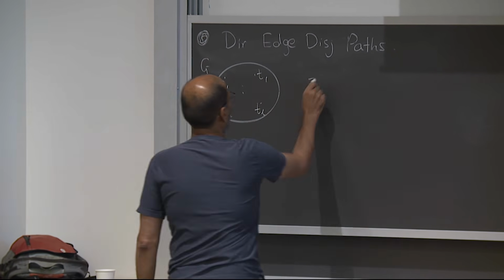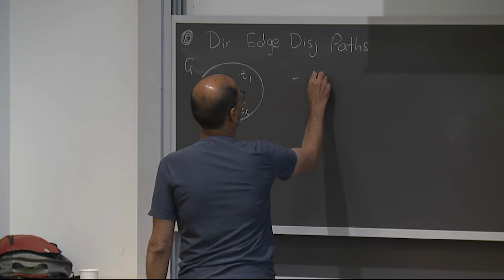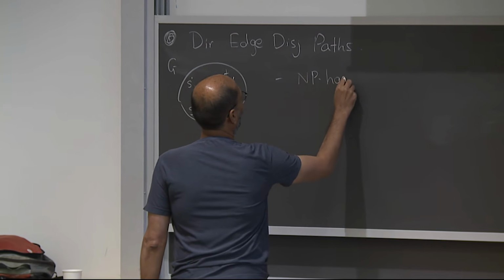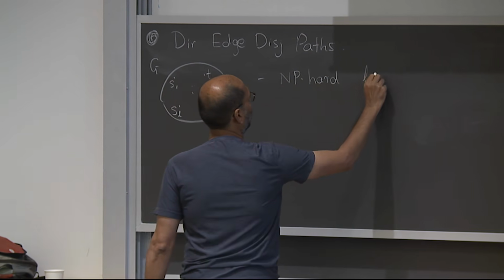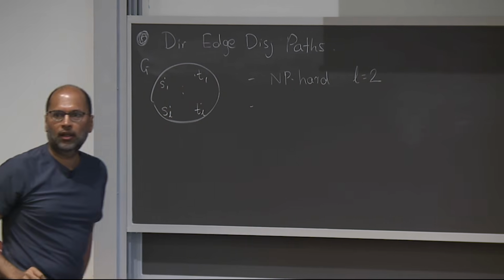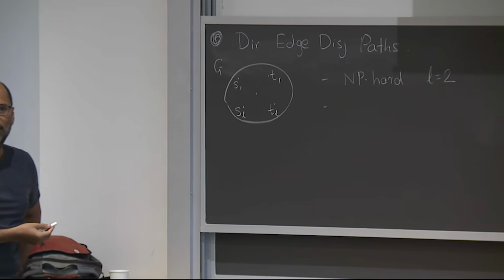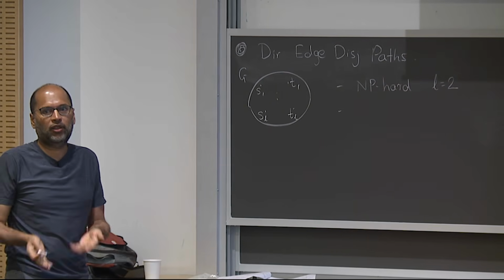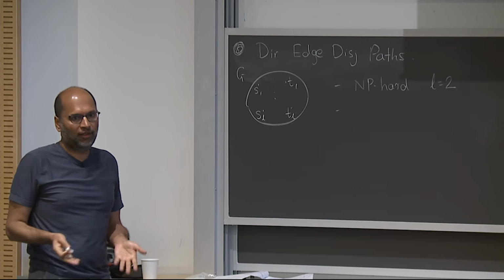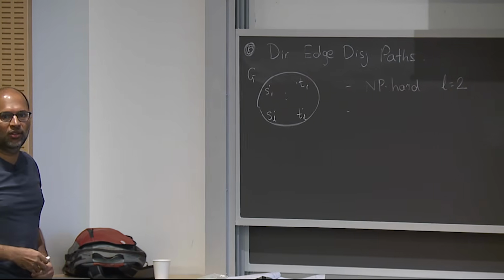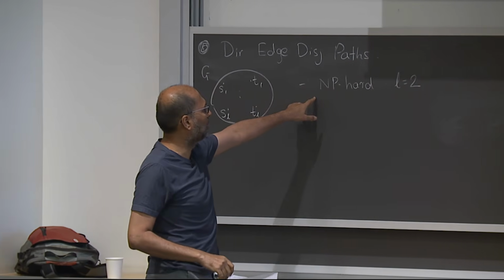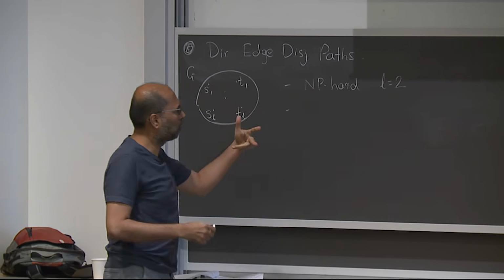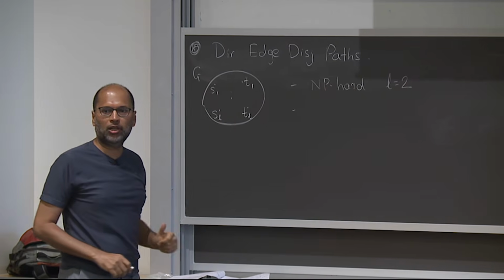Now, it turns out that the problem is NP-hard already when the number of pairs is just 2. Okay? But this is not an easy reduction. I hope we appreciate that there are some plain old NP-hardness reductions, such as, for example, TSP, which are actually quite difficult. So this one is, I think, similar, right? Just finding 2 disjoint paths between 2 pairs.